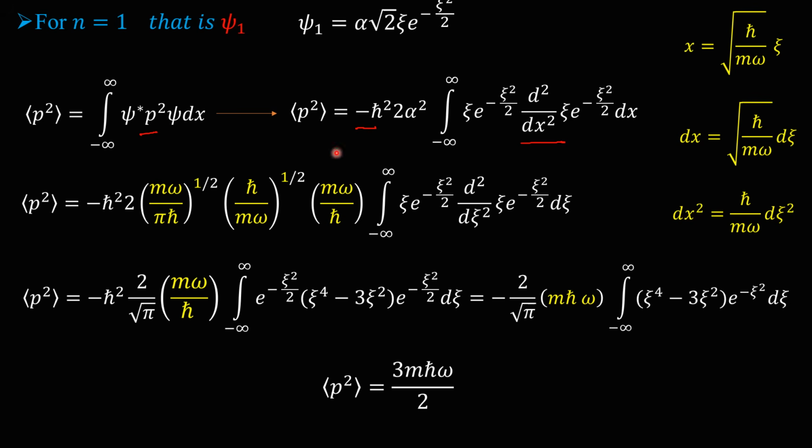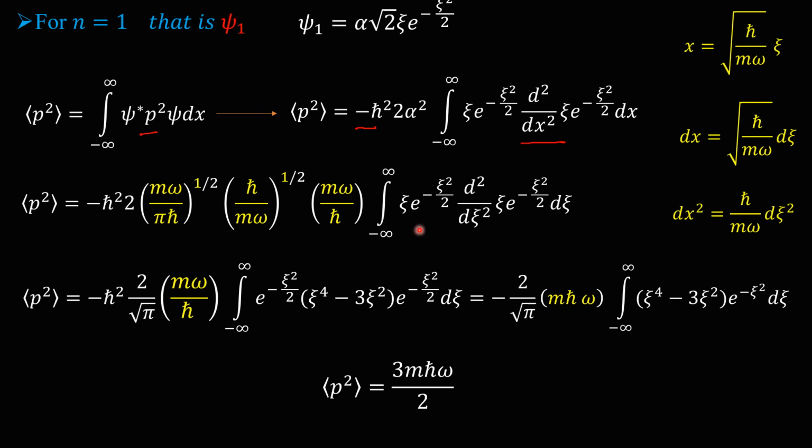You have minus ħ squared times 2 alpha squared, where alpha is mω divided by πħ to the power 1 over 2, and I am replacing this dx. dx is equal to square root of ħ divided by mω, that is ħ divided by mω power half. Then here dx squared I am replacing with ħ over mω dz squared. So this ħ, when it goes to the numerator, will become mω over ħ, as we have seen earlier.